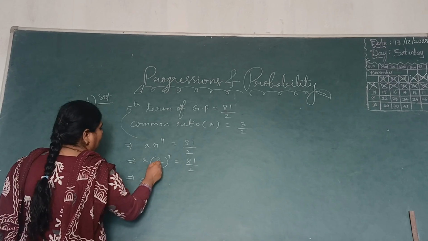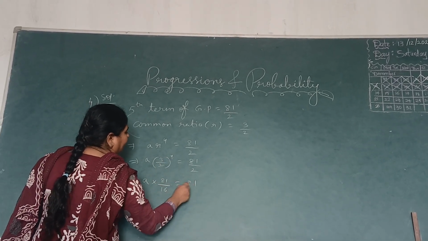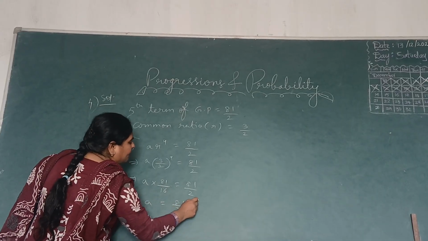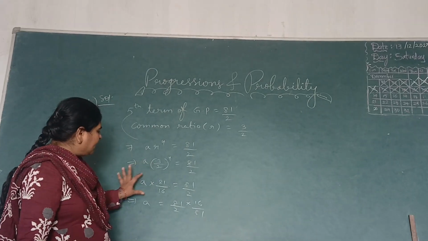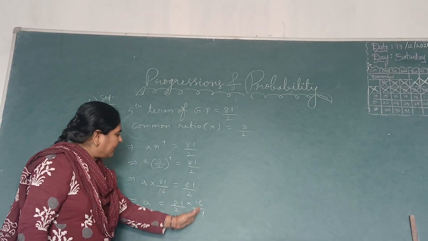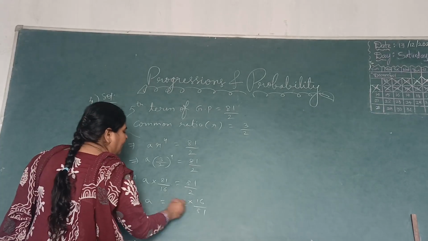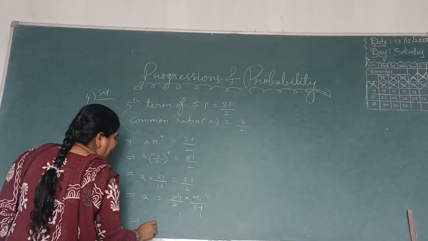So A into 3 power 4 is 81, 2 power 4 is 16. Now this 81 by 16 goes to that side and becomes reciprocal. You all know that a fraction, when it goes from the left hand side to the right hand side, becomes reciprocal. So 81 gets cancelled, and A is 8.